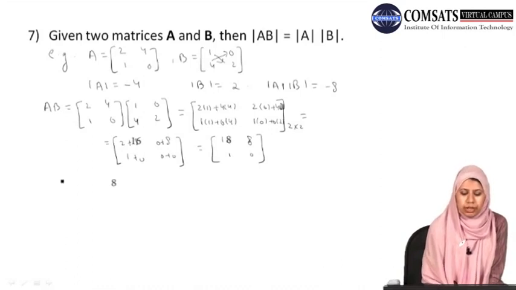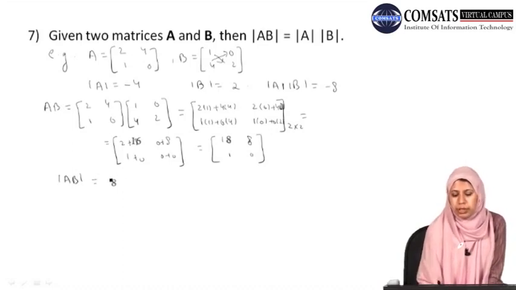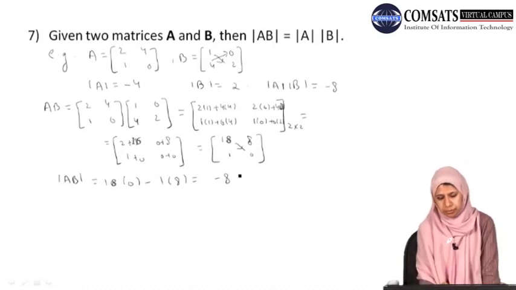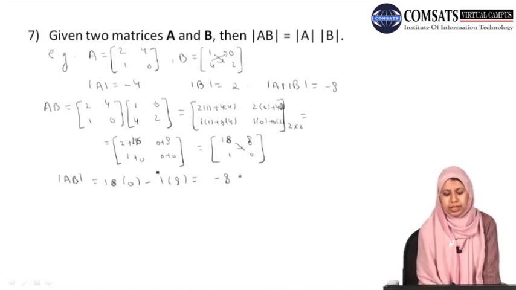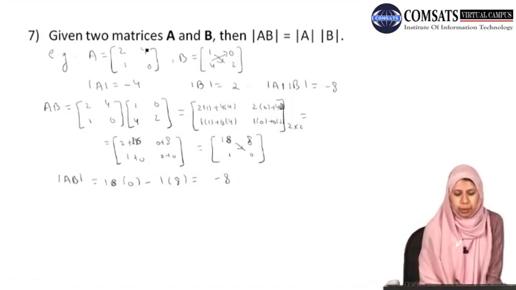And now we have to find the determinant of this matrix. That is, 8 into 0 minus 1 into 8, which is minus 8. So the property says that the determinant of the product is the same as the product of the determinants.